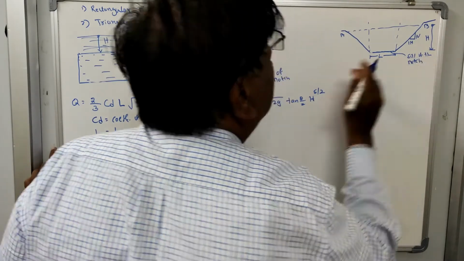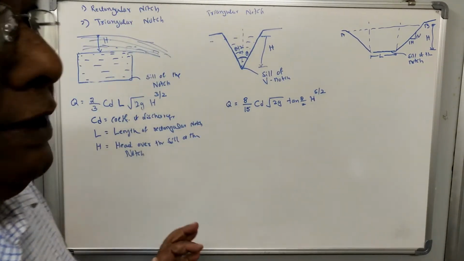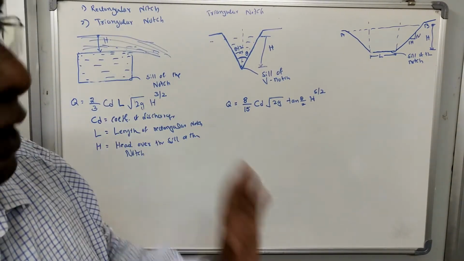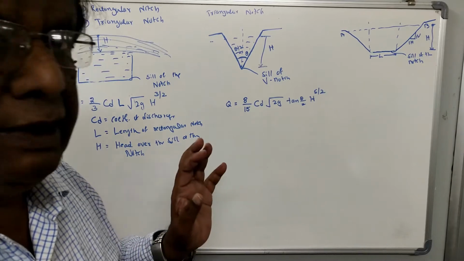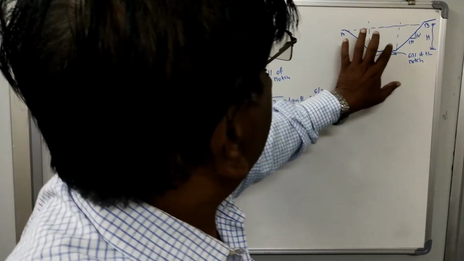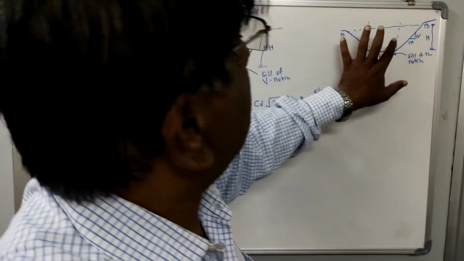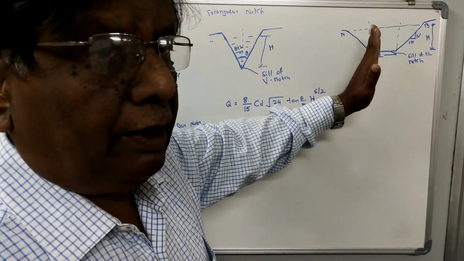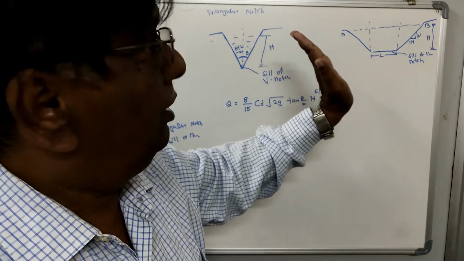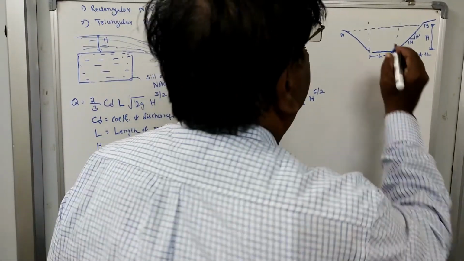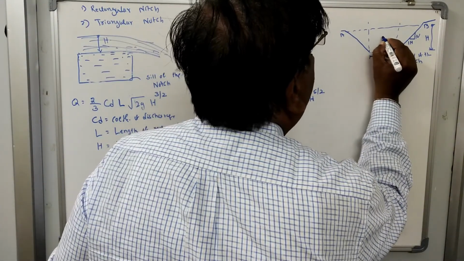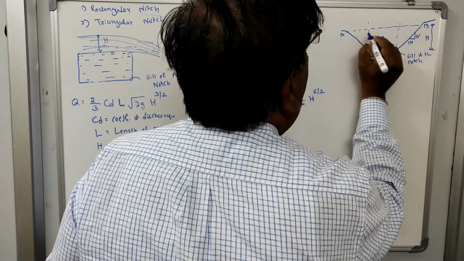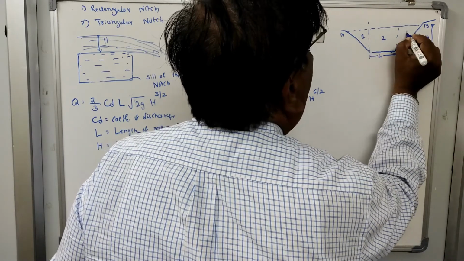Suppose the shape of the notch is trapezoidal. Trapezoidal means it has side slopes. The shape of the channel is not rectangular, but trapezoidal. Trapezoidal means it consists of two parts: one is a rectangular part and another is a triangular part.